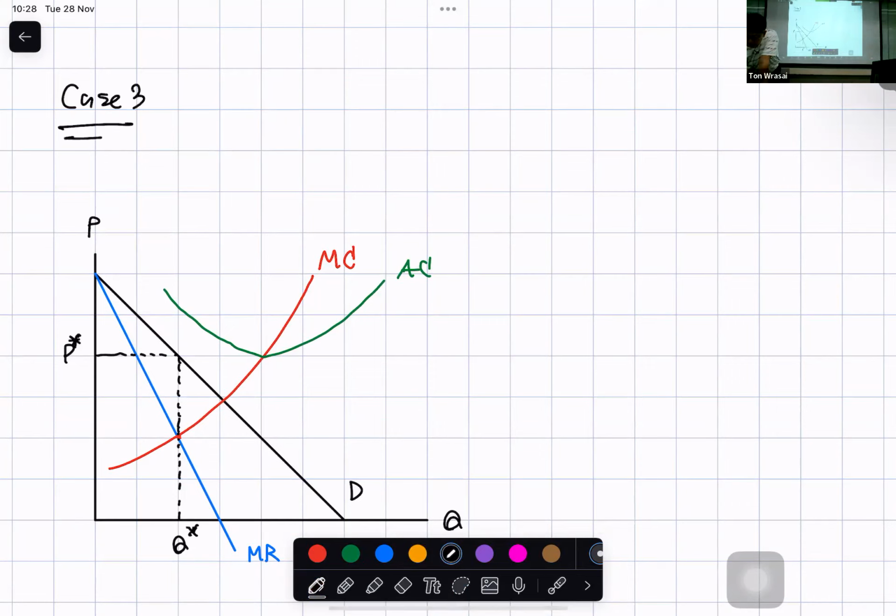We want to show the case where he faced losses.